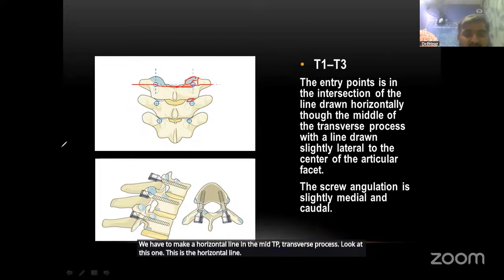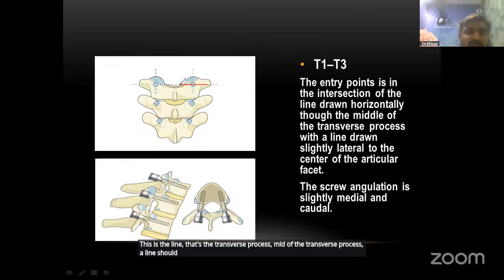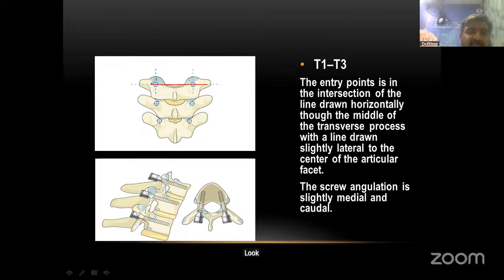I have to draw it right now. Okay, look here. This is the line, that's the transverse process. In the mid of the transverse process, a line should be drawn. Look here, this is the transverse line.